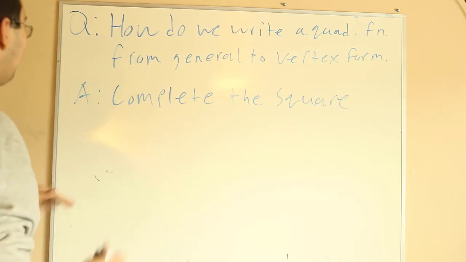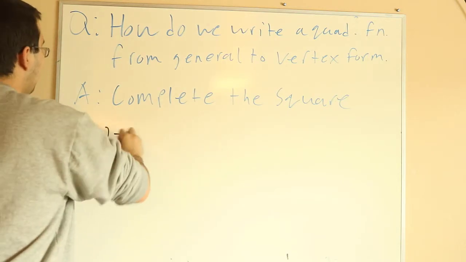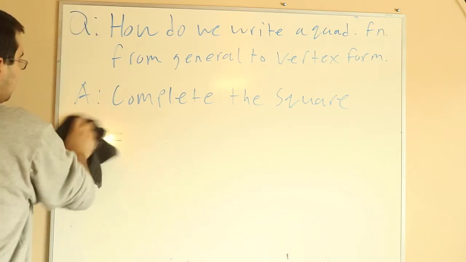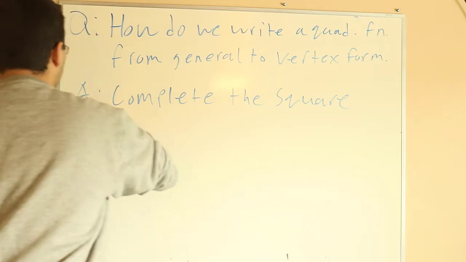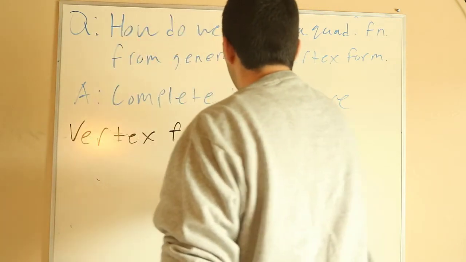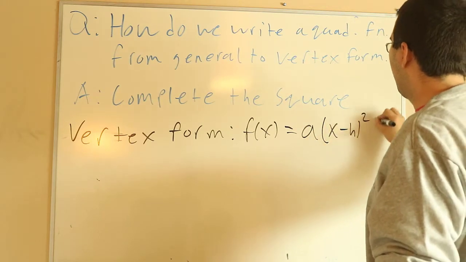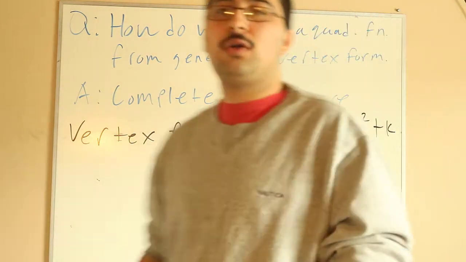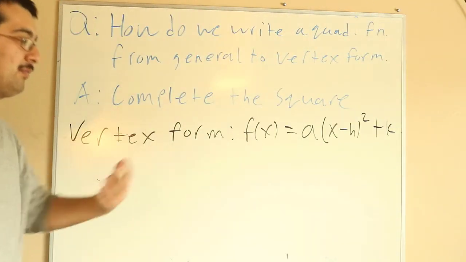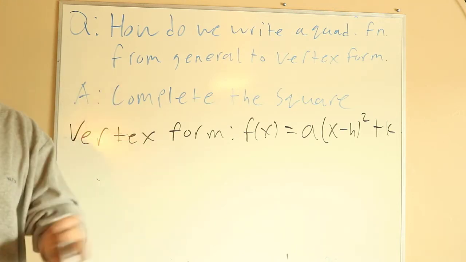The end result of this whole process is to get our vertex form, which is f of x equals a times x minus h squared plus k. That's the whole goal of this process: you just want to go from your general form into this vertex form, okay?